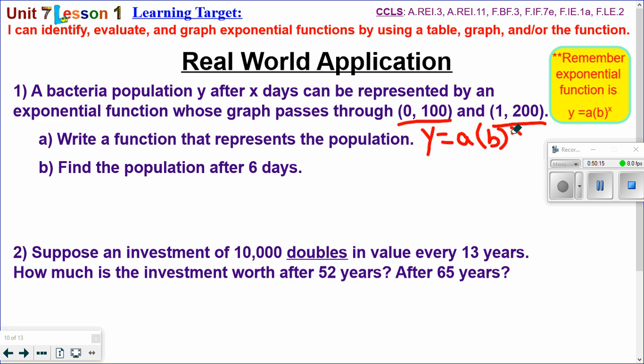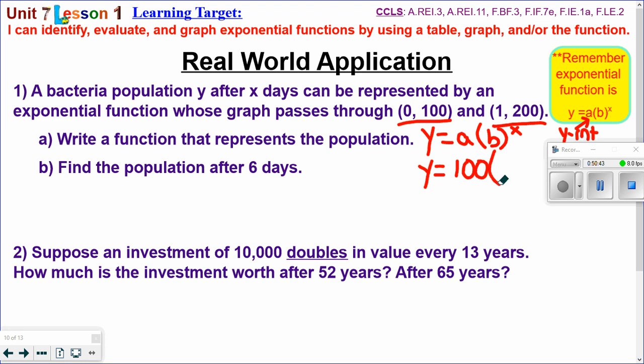What did we say that a was? Who can I call on? No one, because no one's here. Okay, so what's a? A is the initial value, that's the y-intercept, basically. So what is the y-intercept out of those 2 points? Did they give you the y-intercept? They sure do.